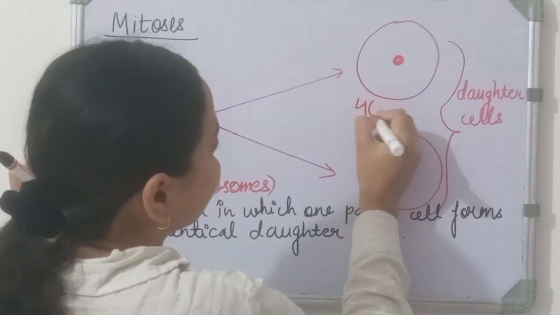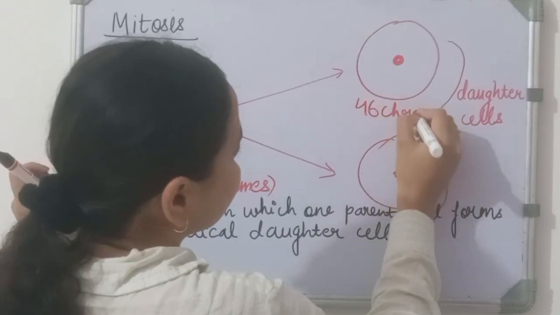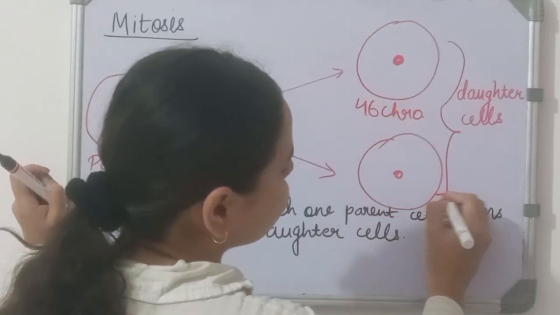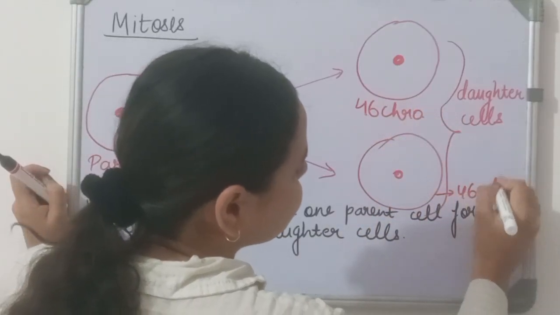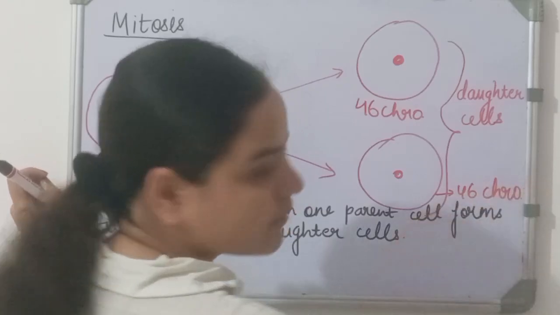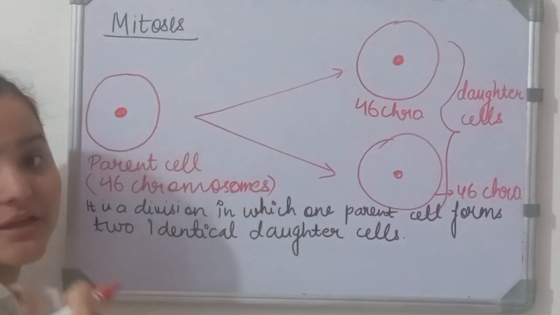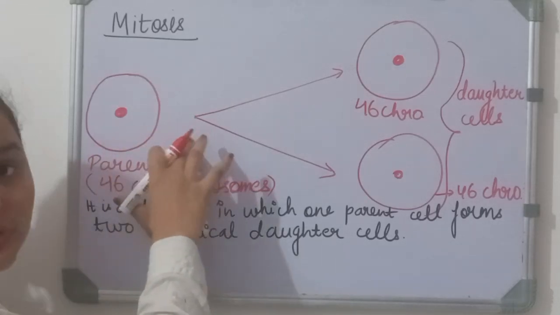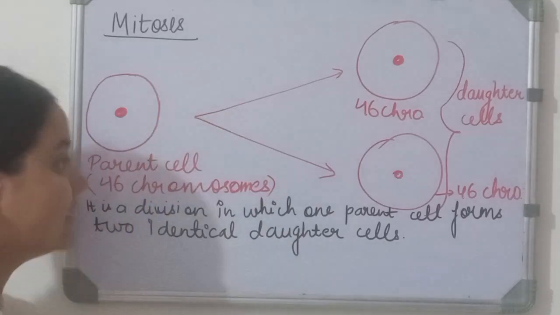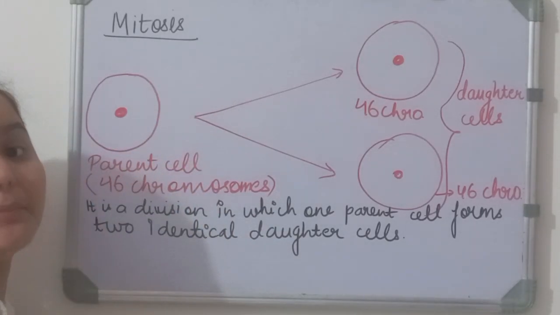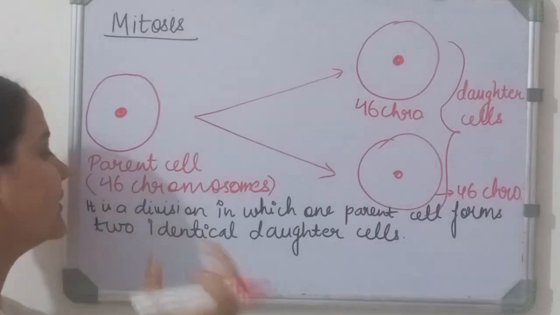Actually, what happens during the replication phase, in the interphase stage of the cell, is that the DNA gets replicated, the DNA is doubled.